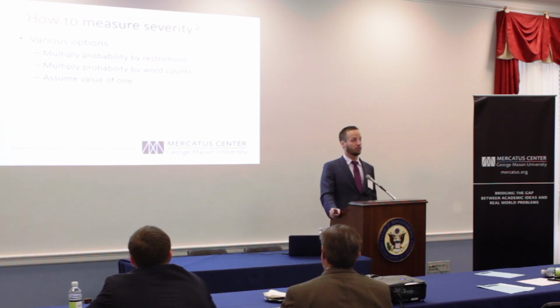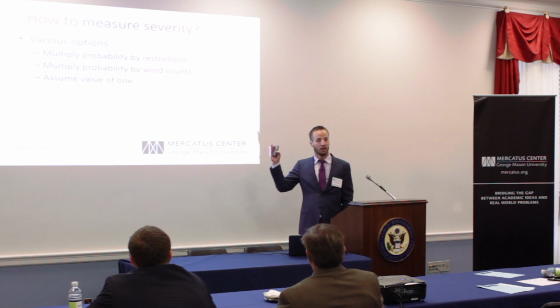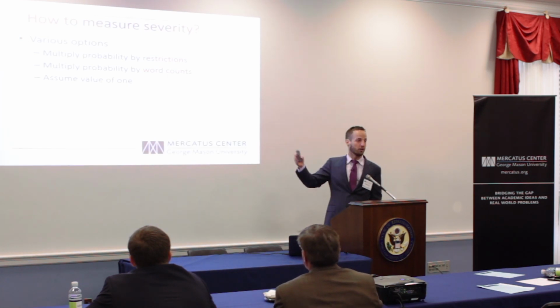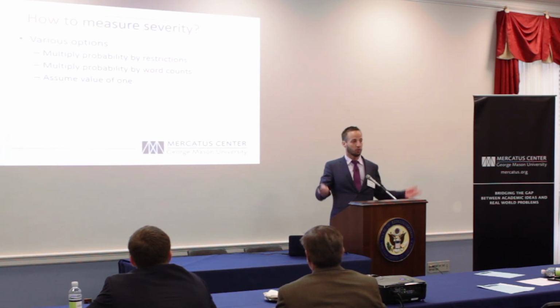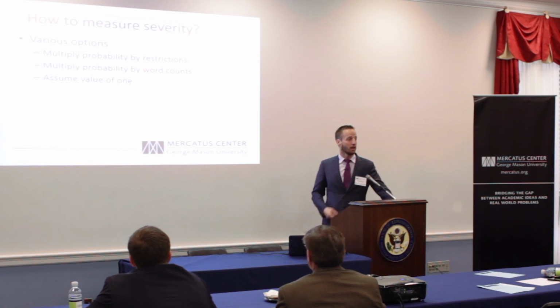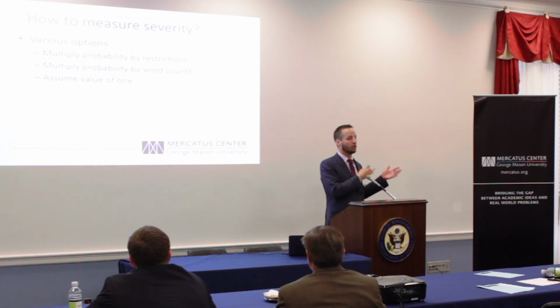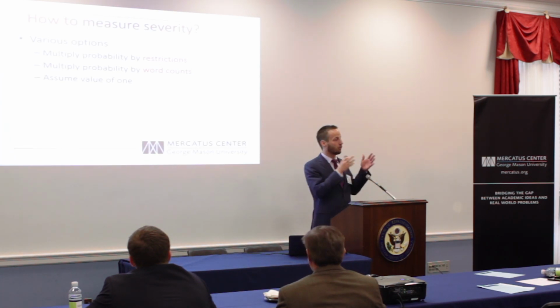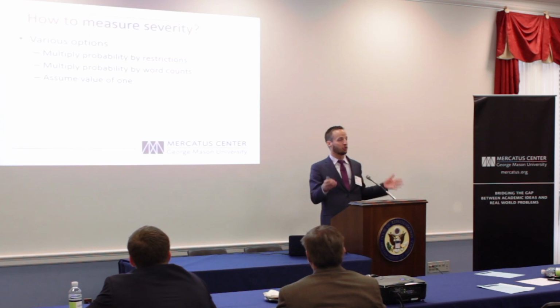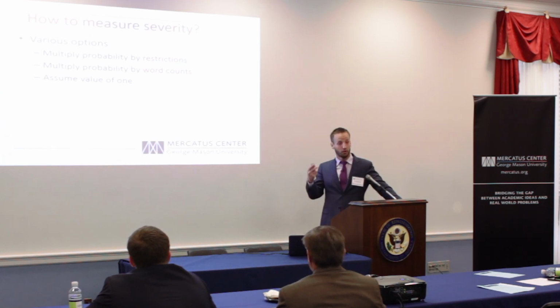That works pretty well too if you just take the probabilities and assume that severity is 1. So if a document's more likely to affect you, that means it's of consequence. That alone does pretty well as a variable in economic analysis, or as a way of just trying to understand the lay of the land, understand how much regulation has been created about a specific sector or from a specific agency.